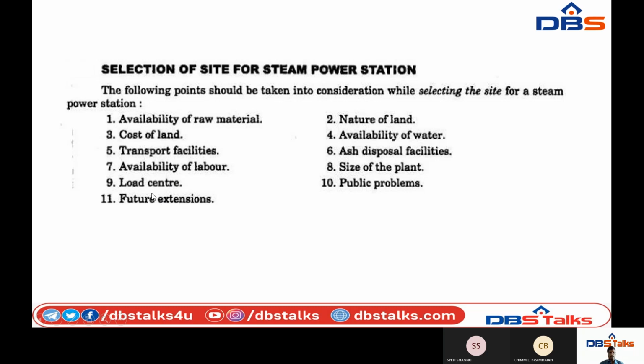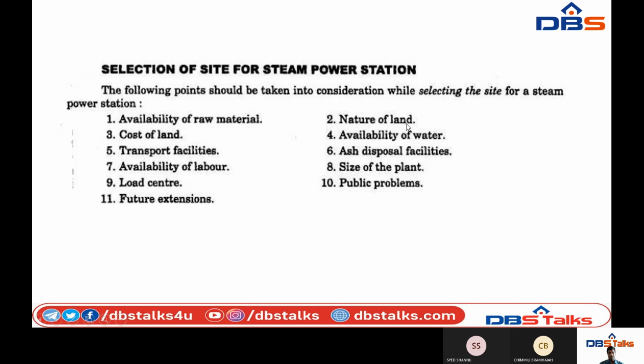Future extensions are nothing but we have to select land that is capable of extension. That means we have to extend the plant from a particular area to the next area. Nature of land. Nature of land is nothing but availability of water, rocky areas, sand availability.